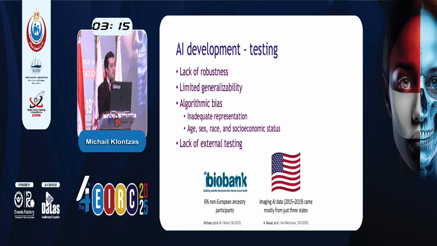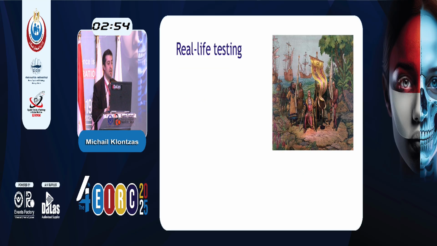And there has been a study which discussed imaging AI data from the US, and you see that between 2015 and 2019, data from the US that was used for AI came mostly from just 3 states. So populations from other places were not actually represented. And that is a problem when you talk about generalizability of the results.